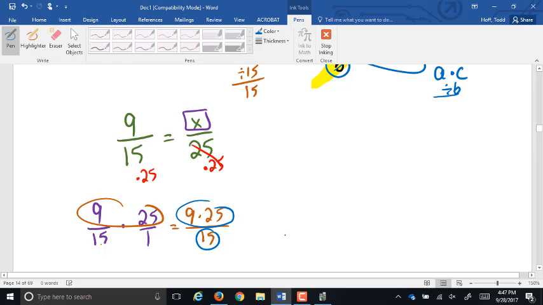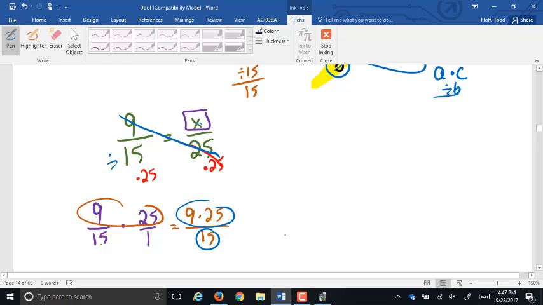Does that make sense? So the shortcut is cross multiply and divide. What two numbers are on the diagonal again here? 9 and 25 are diagonal with each other. So you multiply them and divide by the third number. Well, let's look at another example of that.